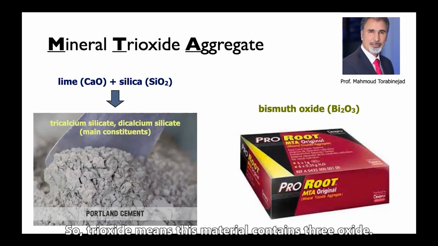So trioxide means this material contains three oxides. The first one is calcium oxide, so-called lime, and the second one is silicon oxide, so-called silica. If they are reacted, calcium silicate can be produced, and it is the Portland cement, the building material.